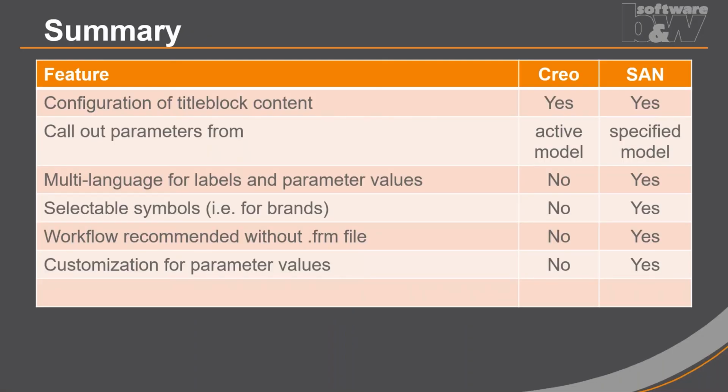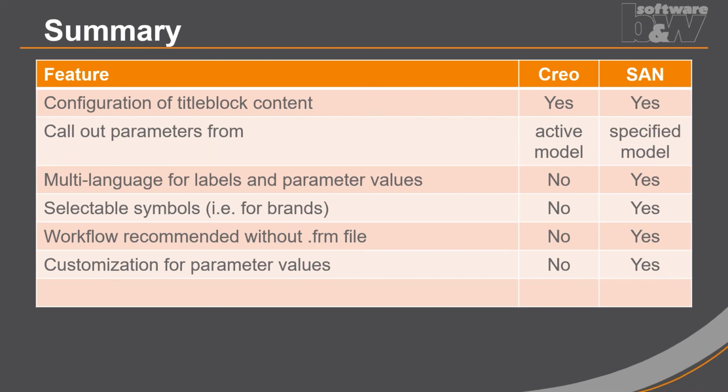And a quick summary. As a summary, I just want to compare the workflow and the methods between Creo and SMARTAnnotate. In both cases, you can configure the title block as you like. There's more or less no limits in the design or what you can do.